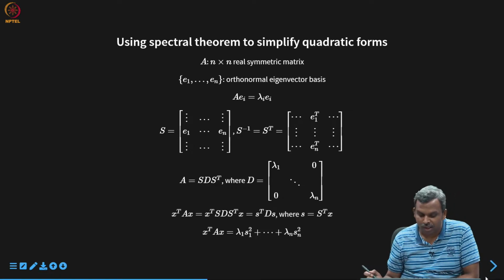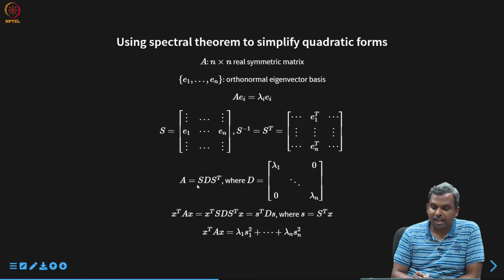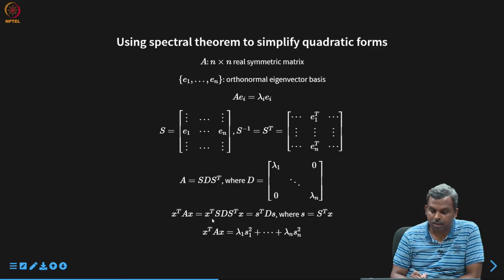Alright, so once you have a diagonalization like this with a suitable S, S D S transpose, then your x transpose A x becomes x transpose, instead of A, I will put S D S transpose. Once I put that here, I can define a new variable s equal to S transpose x, and then x transpose S will be s transpose.